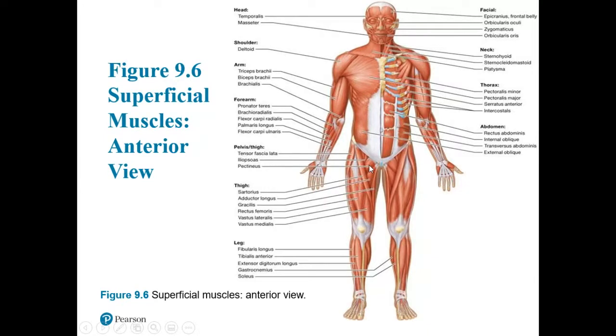All right, so it's going to go ahead and work opposite to the tensor fascia, right, in bringing that leg back and stabilizing it as you move that leg back. Now, that stabilizing action might not look very important right now, but believe me, as you're running, you wouldn't believe how important those stabilizing muscles are, right, in bringing that leg back to a position so you can keep going with your gait, right?